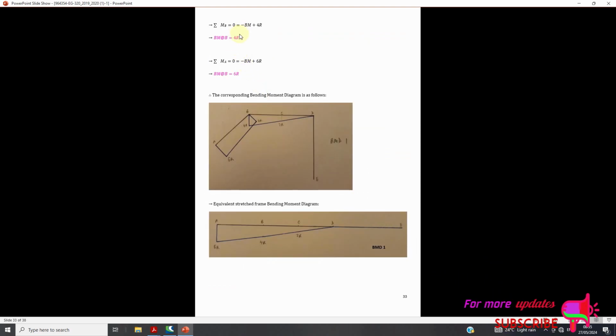Now using the algebraic equation that the summation of moments should be equal to 0, you get that BM at B is equal to 4R and BM at C is equal to 6R. Solving this algebraic equation, the corresponding bending moment diagram is as follows. The equivalent sketch of the frame bending moment diagram, BMD, is as follows.